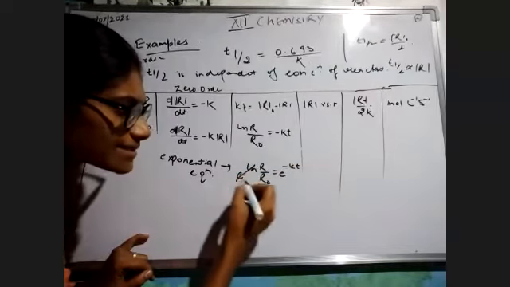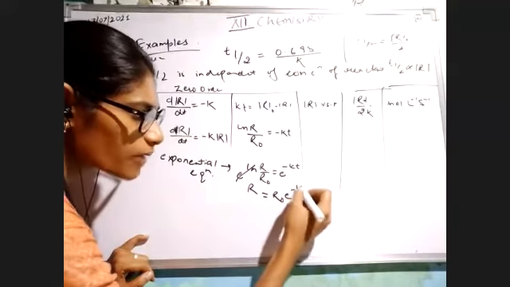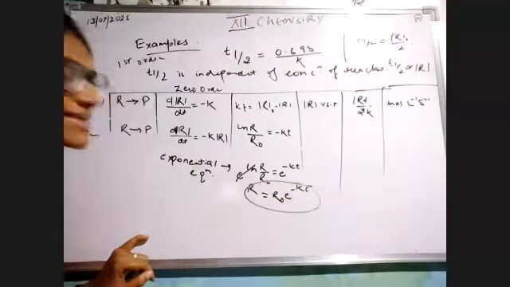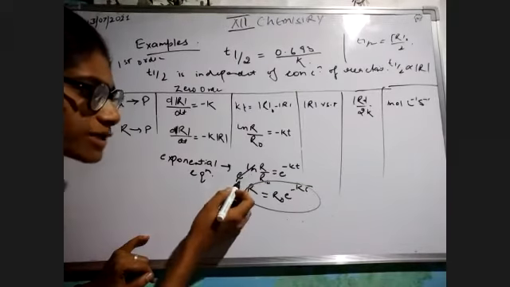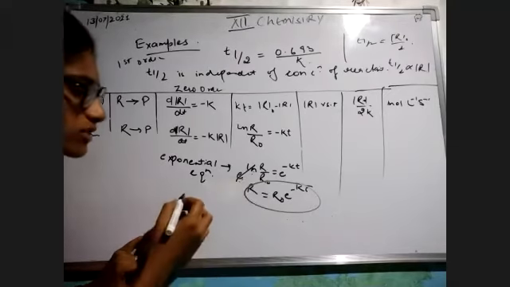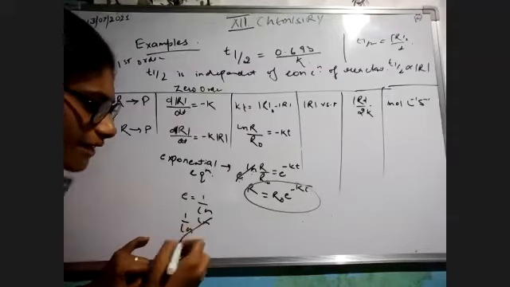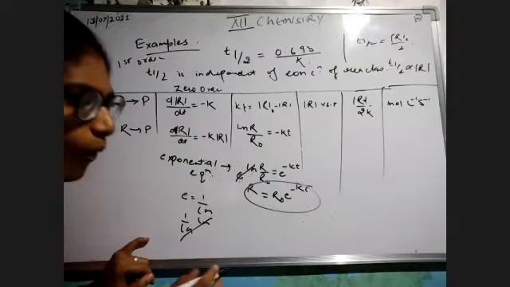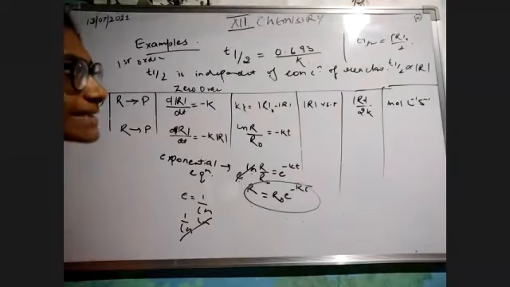It would cancel out and we will get R equals to R0 e raised to power minus kt. This is again a mathematical equation, children. Whenever logarithm and exponential are combined together, they just cancel out each other. So overall I have the equation R equals to R naught e raised to power minus kt.